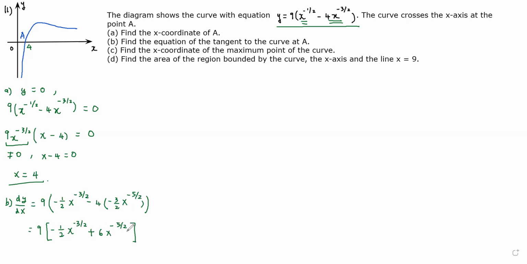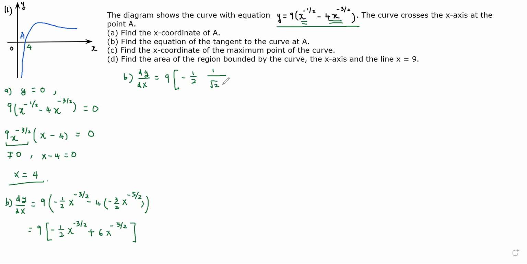But we need to evaluate dy dx when x is 4 at the point A. So in order to do that, it's actually easier if we write this in terms of square root. So dy dx in terms of square root, we have 9 times negative 1/2. This is a negative exponent, so it is in the denominator.